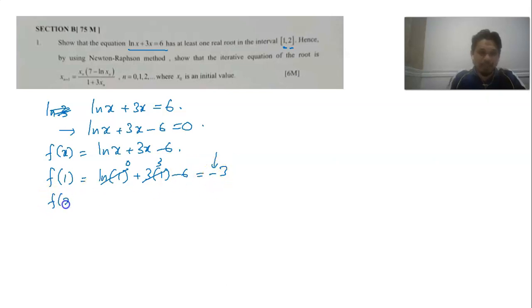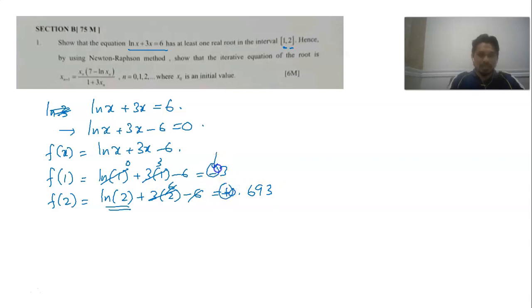And then f(2), natural log of 2 plus 3 times 2 minus 6. 3 times 2 equal to 6, so 6 minus 6 equal to 0. And natural log of 2 gives us a positive value, which is 0.693. Meaning that it's positive here and negative there. So there is a change of sign from negative to positive.